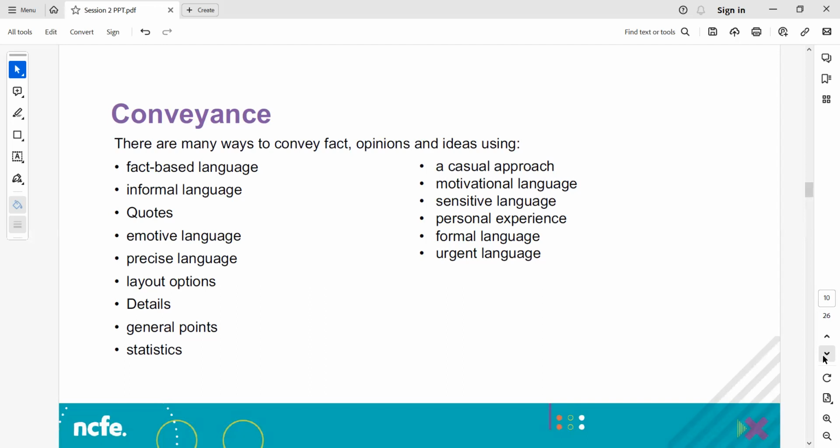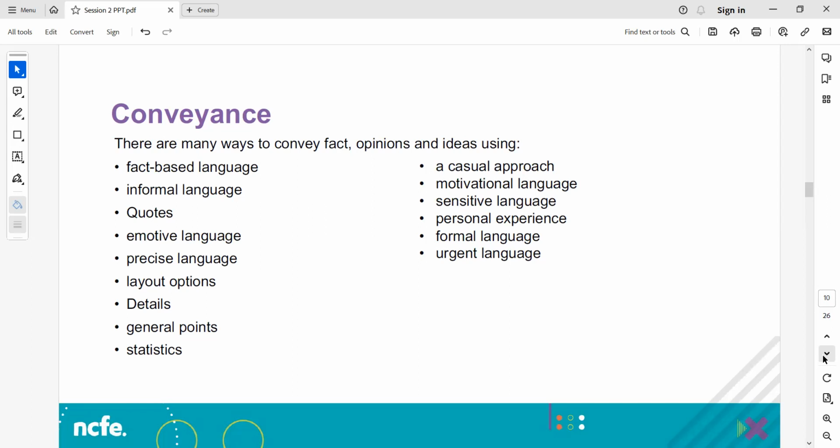So fact-based language, as you identified: figures, verifiable information. Informal language, so use of personal pronouns, contractions and so on. Quotes, so speech marks, which you can identify from the speech marks they put quotes in. Emotive language, so like in the last example, you know from reading it that the person feels angry.